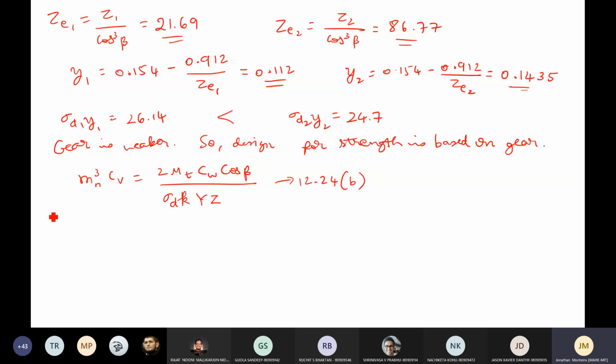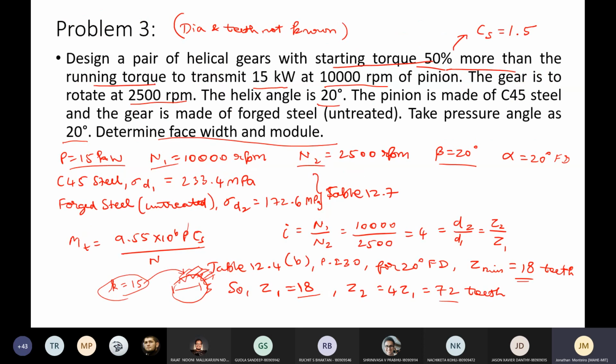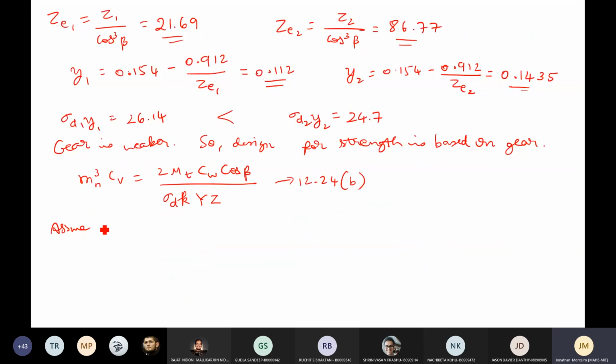We'll assume some values here because some values are not clearly given. Nothing is mentioned about what kind of lubrication it contains. So what we'll do is Cw is 1.15, assuming frequent, regular lubrication. K value, as I just now discussed, let it be equal to 15 because the range is from 12.5 to 20.